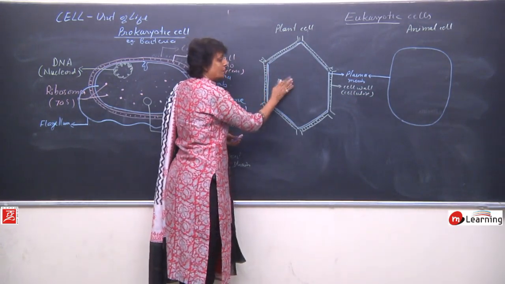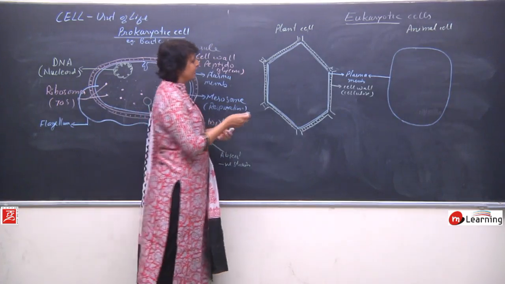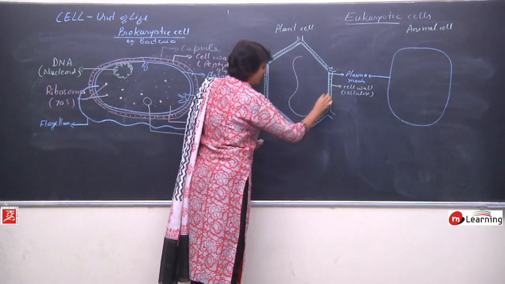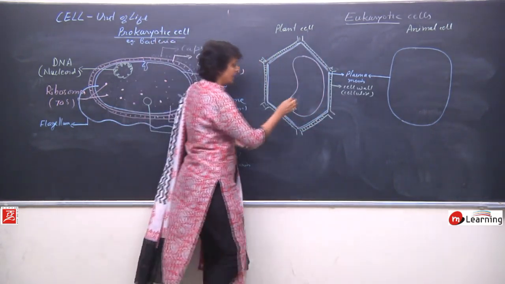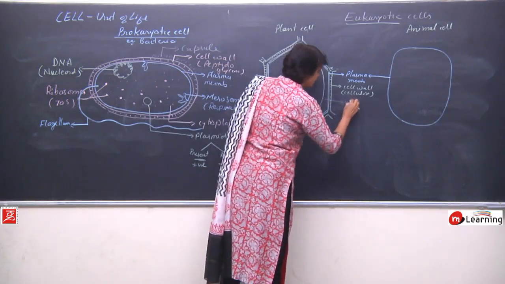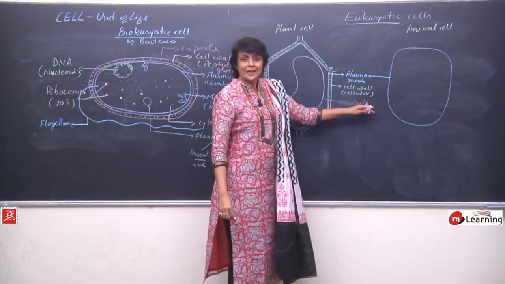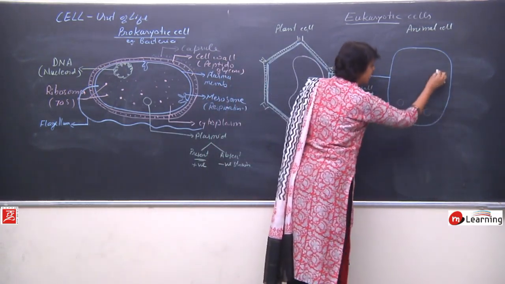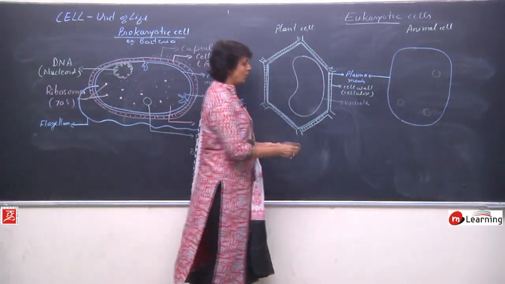In case of plant cell, the largest structure that we see inside is a big vacuole. This is the biggest structure which is visible in a plant cell. In case of animal cells, there are vacuoles, but they are smaller in size. There are many, more in number, but smaller in size.